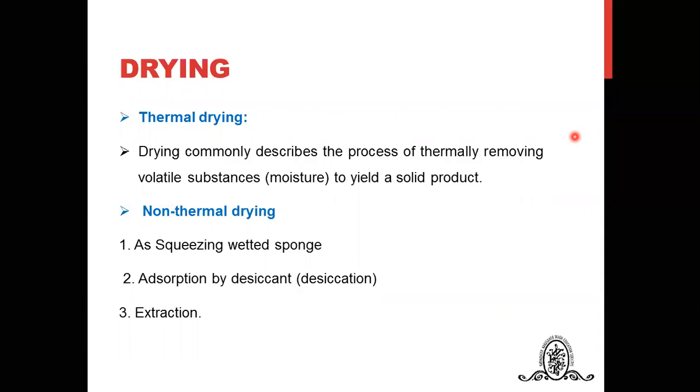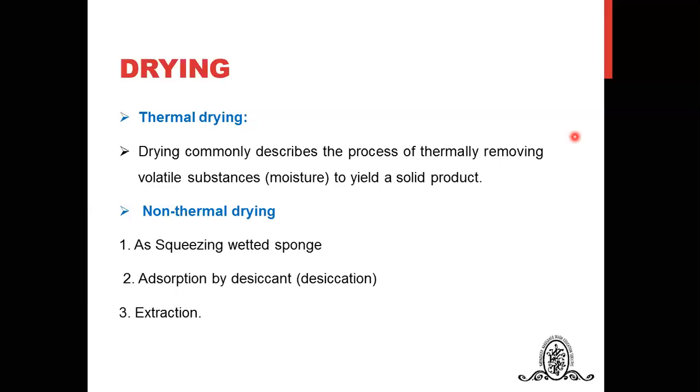For example, squeezing of a wetted sponge, means in the process of squeezing, we are removing the water from that sponge. If we take a second example, that is adsorption by desiccant, in that we generally use a desiccator. Adsorption process is involved in the desiccator.